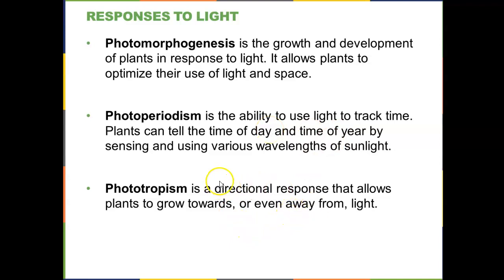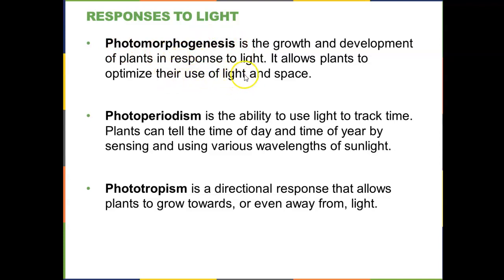And then phototropism, which is the directional growth in response to light, as opposed to a different sort of response to light right here. Photomorphogenesis allows the plant to optimize its shape to absorb light.